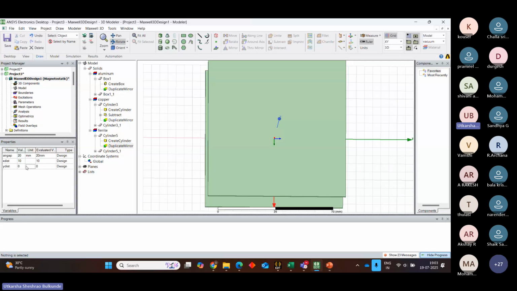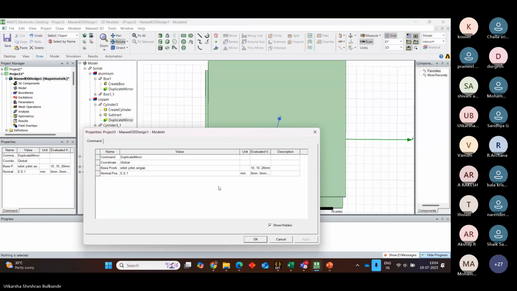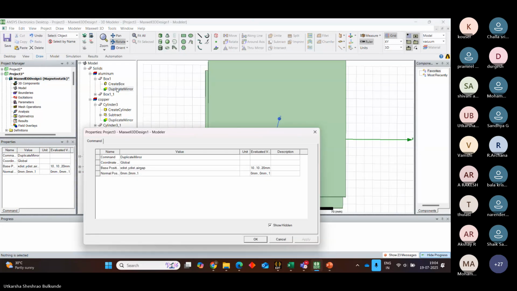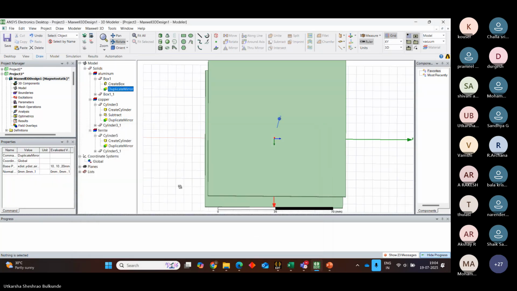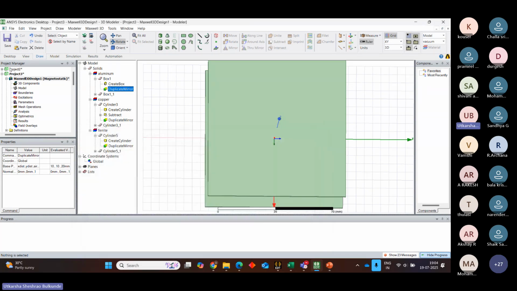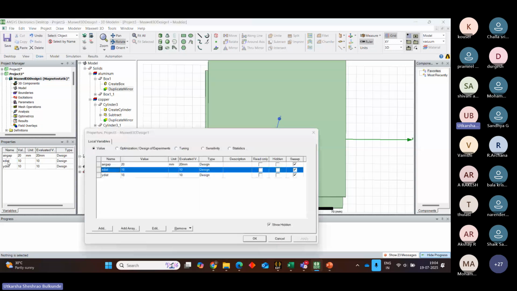Now, if you change your Y direction, while keeping the initial position, I think I have not selected length base on.